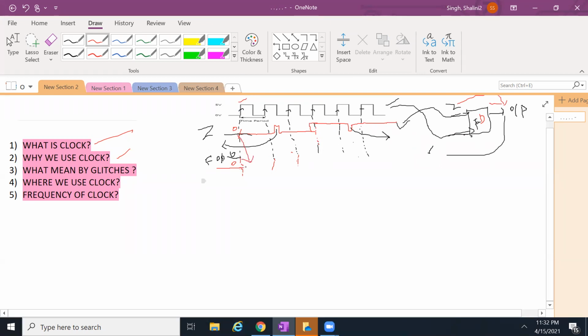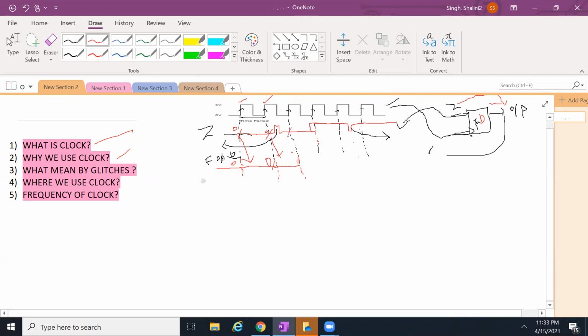So here we'll get the 0 value. Okay, so this will continue till the next edge of the clock. So this is the next edge of the clock. So here if you see, we have again 0 input. So the same input will come to the output. So again we'll get the 0 value. So this will continue till the next positive edge of the clock.